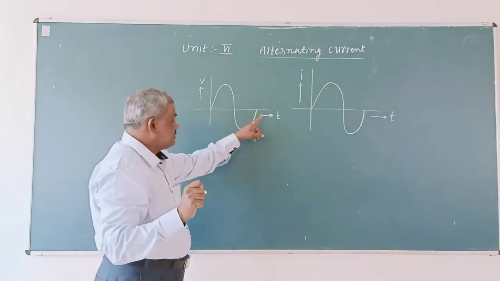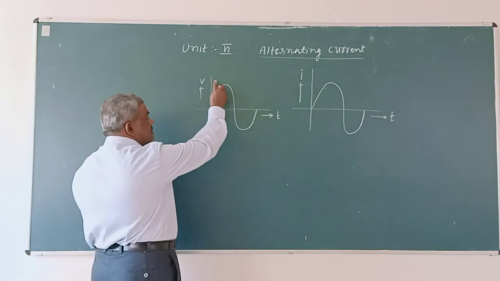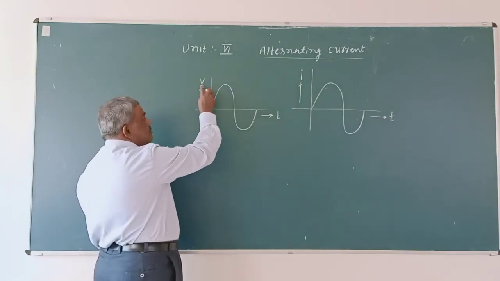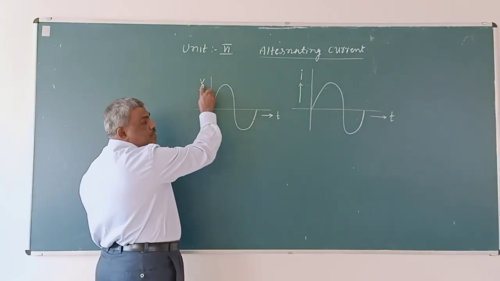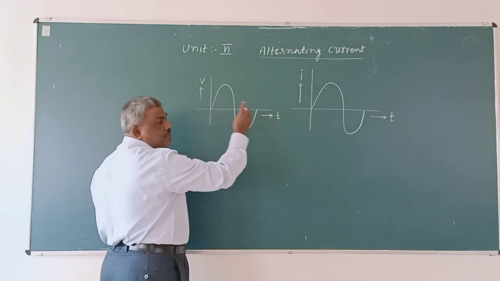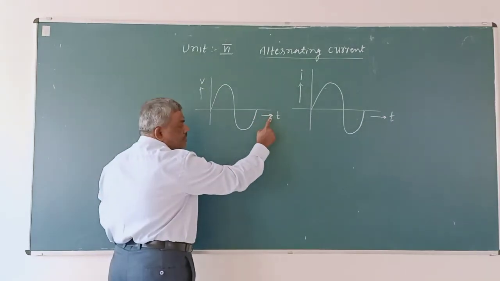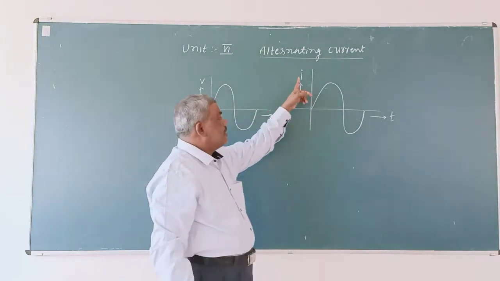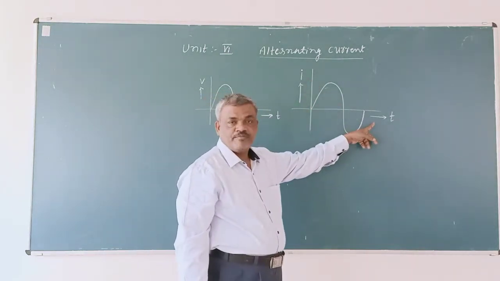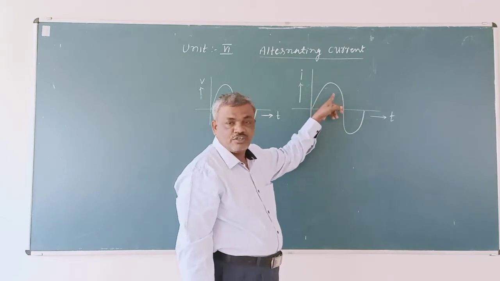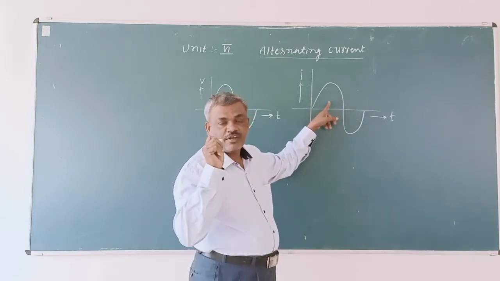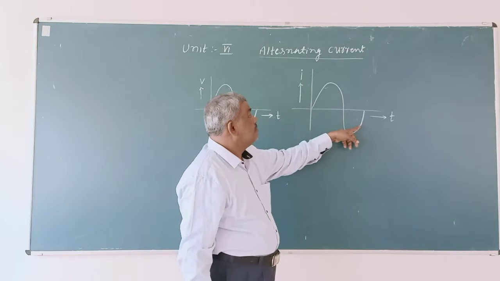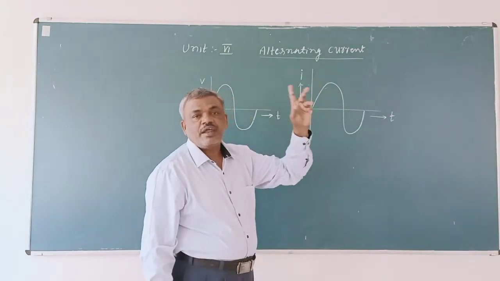This is the y-axis, so for alternating voltage you should mention the symbol V, and on the x-axis, time T. Here is current versus time. The current continuously varies with time. The current which varies periodically with time is called alternating current.